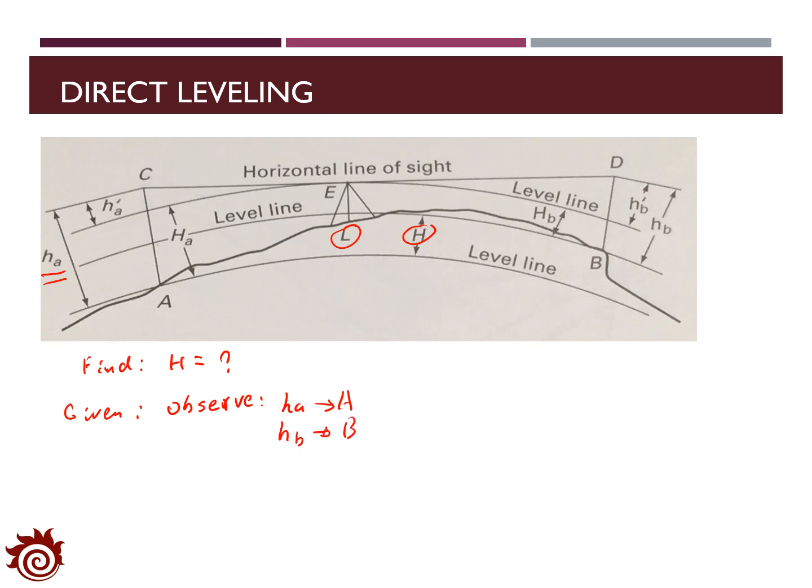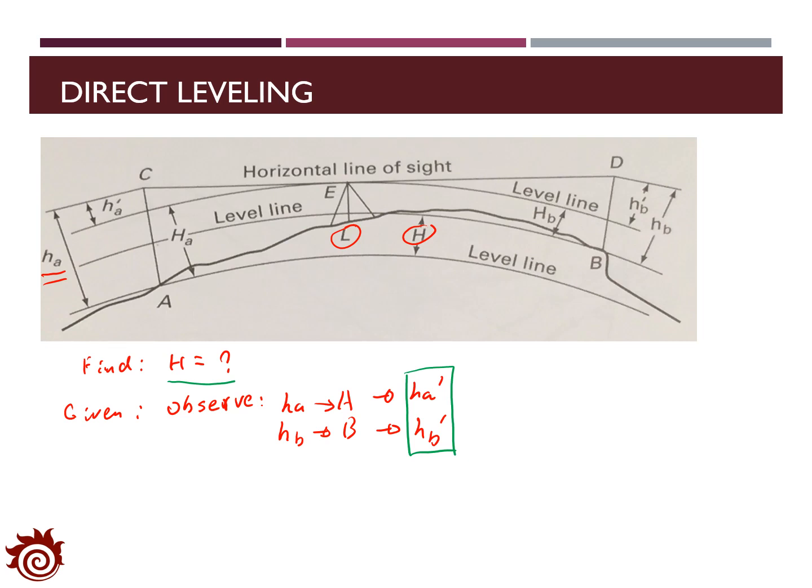And we know that the readings come from the horizontal line from the leveling transit. And due to the curvature and the refraction, we will have some errors. We know there will be error at point A as HA prime and at point B as HB prime. However, we don't know these 2 terms. And with that, we are able to find out the vertical distance from A to B.